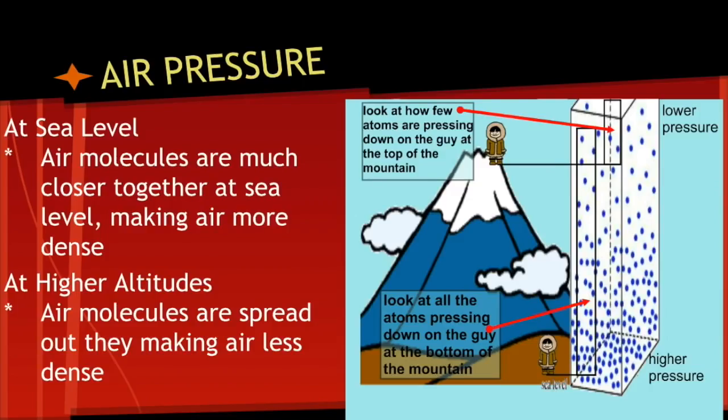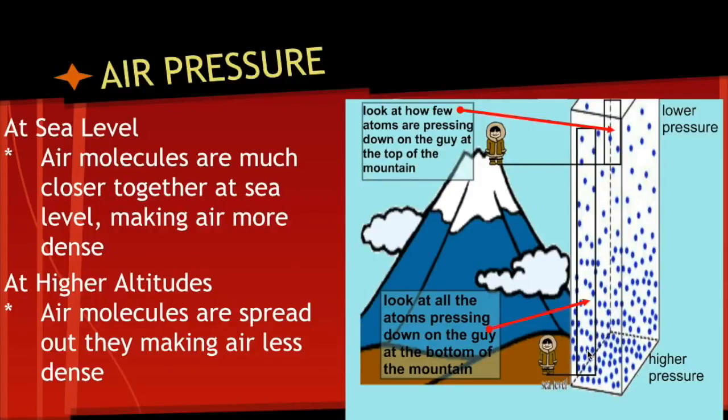At sea level, if you think about it, air molecules are much closer together, making air more dense. If you look at our diagram over here, in the higher pressure areas the molecules are closer together, making it more dense. Think about an example we've given you before: if you had a stack of books, the book on the bottom has much more pressure, with 6 books on top of it, than the second book from the top, which only has one book putting pressure on it.